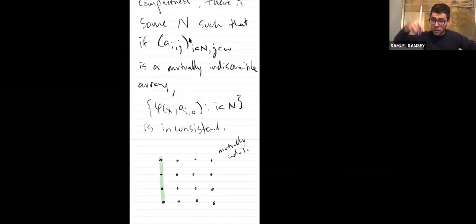So here we've got our mutually indiscernible array. Now, suppose I know that this is consistent. All right, so the zeros column is consistent. I look at a_{i,0} as i ranges over the numbers less than n. Then what do I know about this sequence?